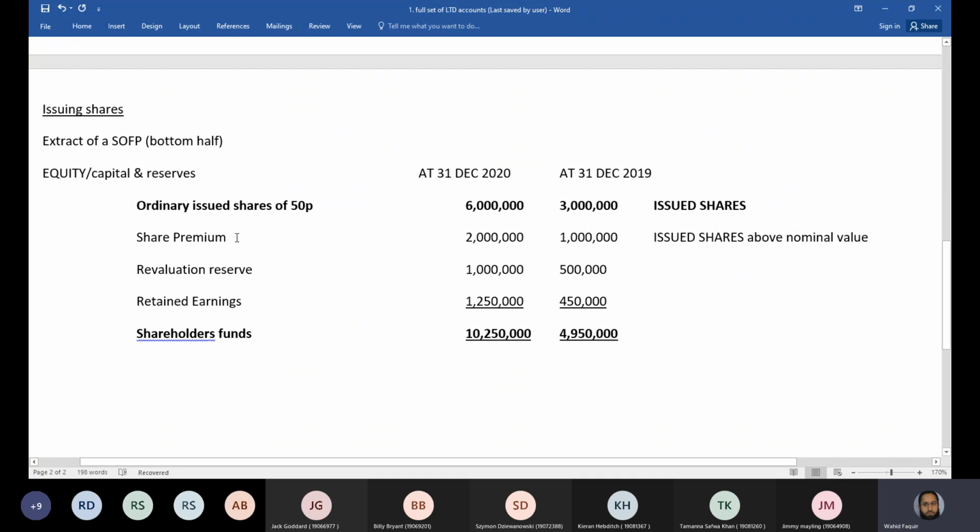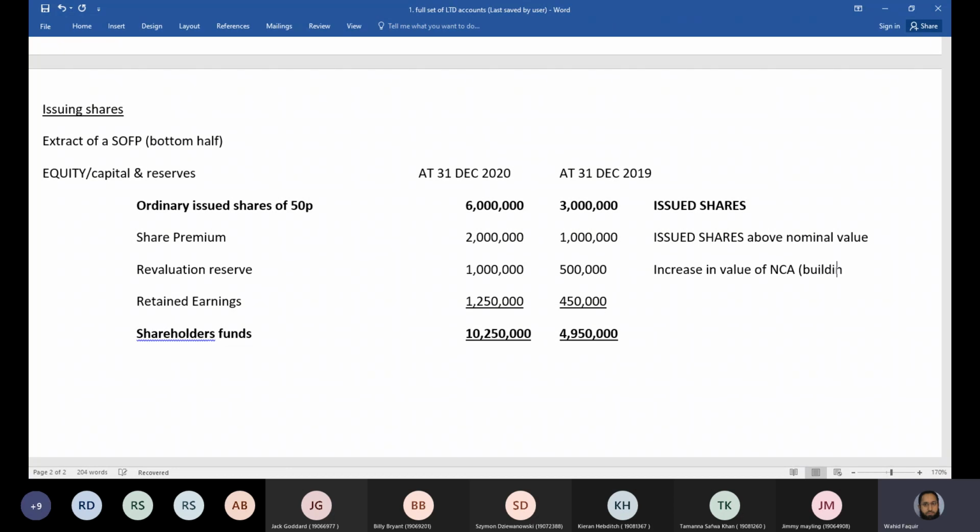We'll put it in a separate line, so we know how much we're getting in terms of the increase in the market price of the share from the nominal value to the market price. That's the second line. Third line is really easy. Increase in value of non-current assets.